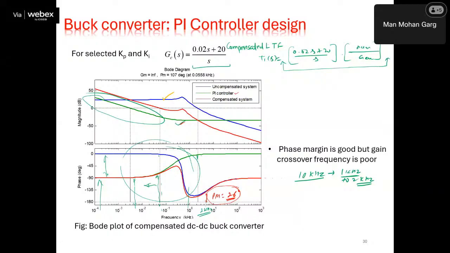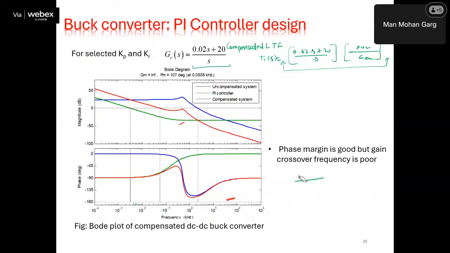If I take this to be a new system and plot its Bode plot, then what do I get? I get this red colored Bode plot. The magnitude plot is this one, and this is the phase plot.